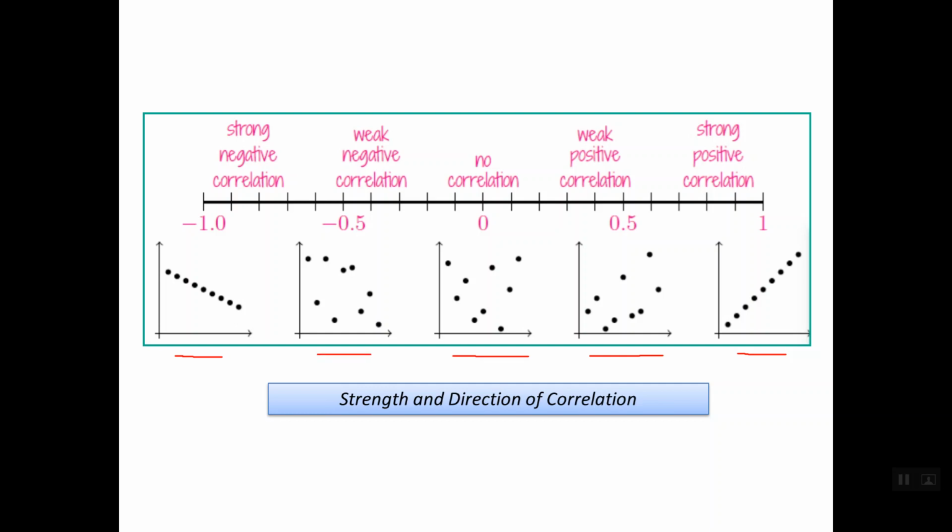On the other side, we have here a weak negative correlation, and the value of the correlation coefficient is minus 0.5. So this is a quick review regarding the direction and the strength of the correlation between two variables.